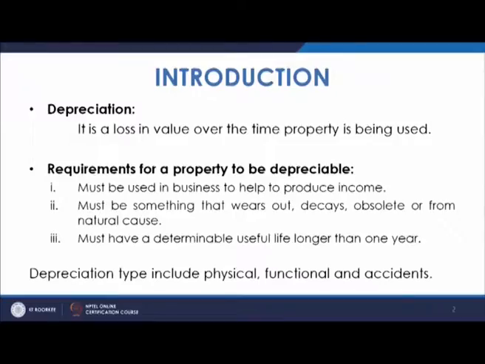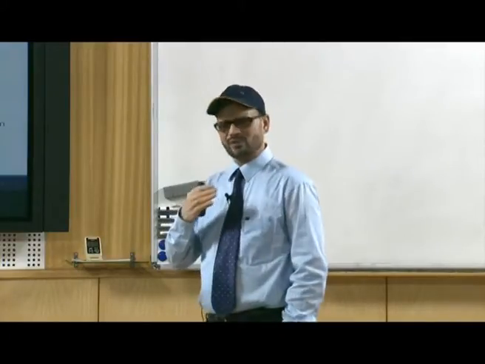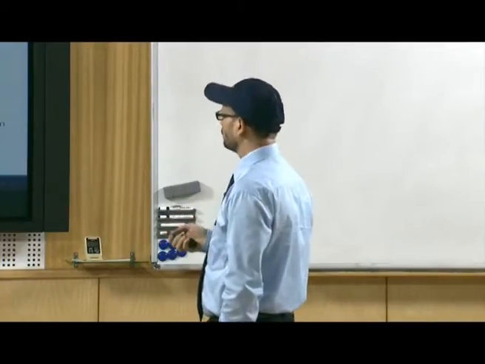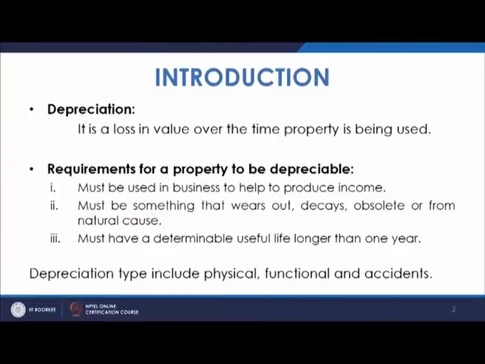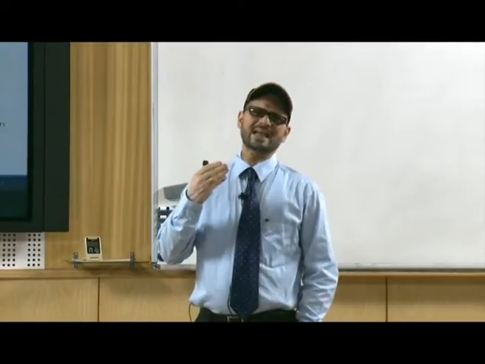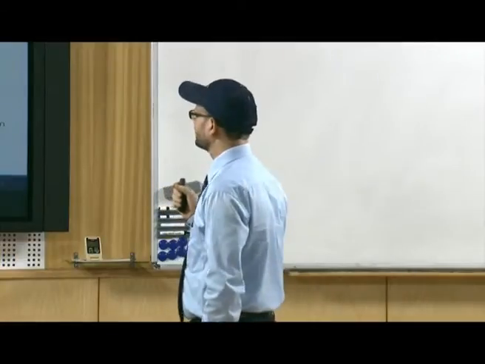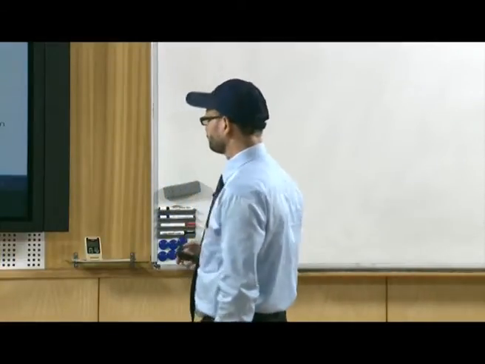It must be something that wears out, decays, is spoiled, becomes obsolete, or is gone from natural causes. So, it must be something which is basically wearing out. Also, it should have a determinable useful life of more than 1 year. So, these are the three conditions which say that this asset is depreciable.